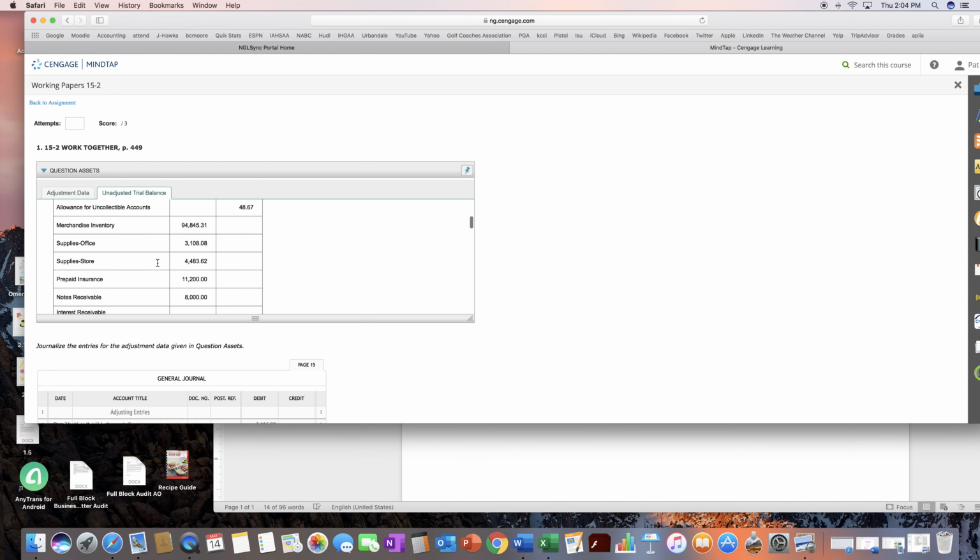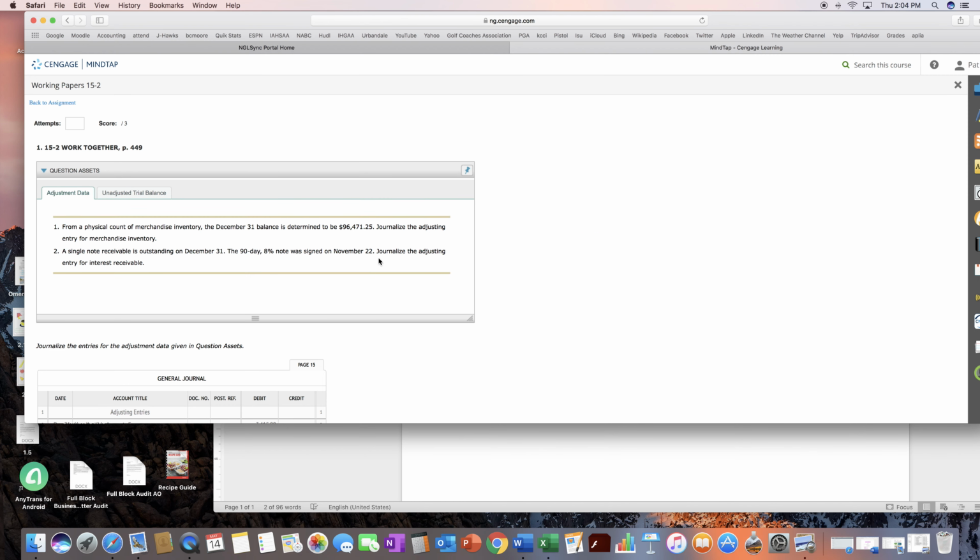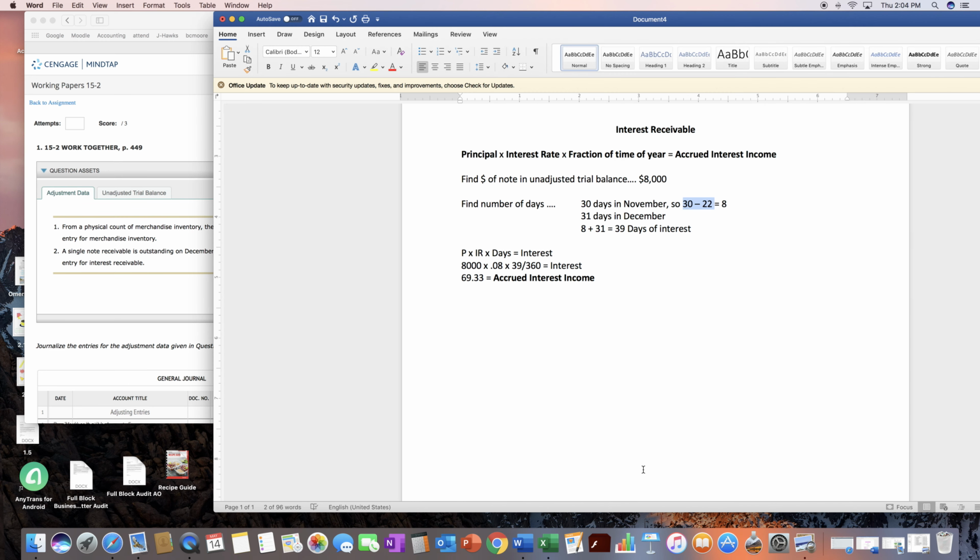The note receivable, $8,000. Find the number of days. So there's 30 days in November. So 30 minus 22, because in the instructions it tells us November 22nd we signed it. So we have 8 days in November worth of interest. We have 31 days in December, so we add those two up to have 39 days of interest we need to account for.